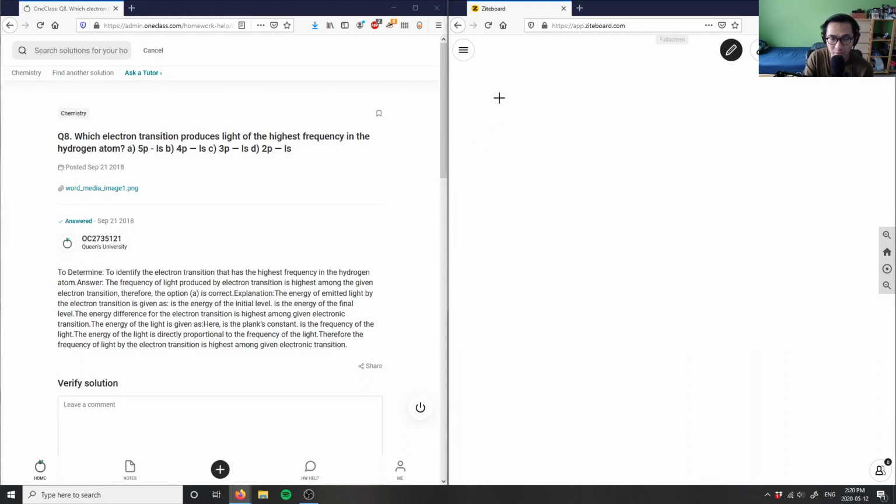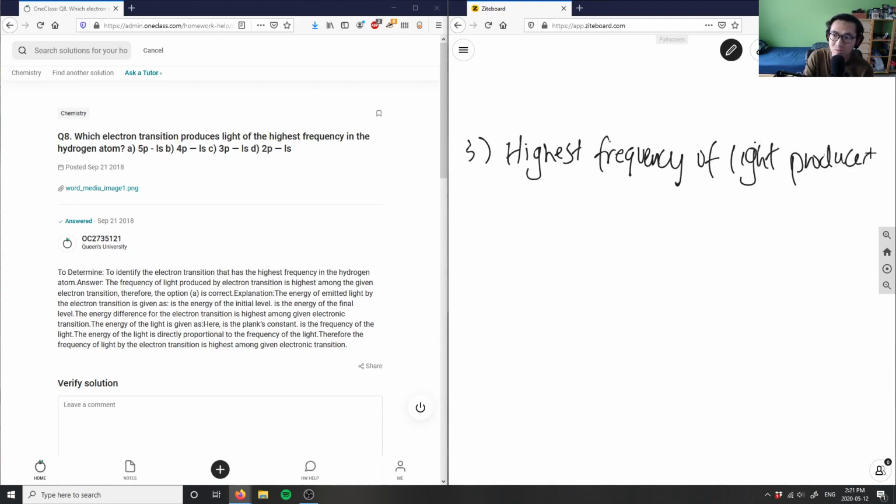So let's click 3. So this is 3. It says, which produces the light of the highest frequency, highest frequency of light produced in the hydrogen atom.